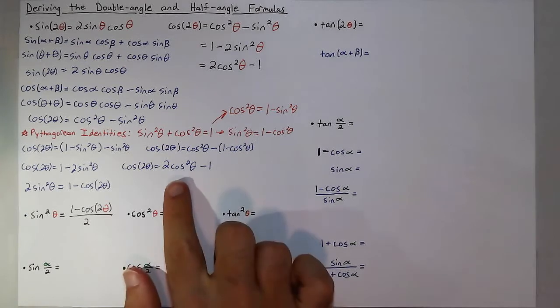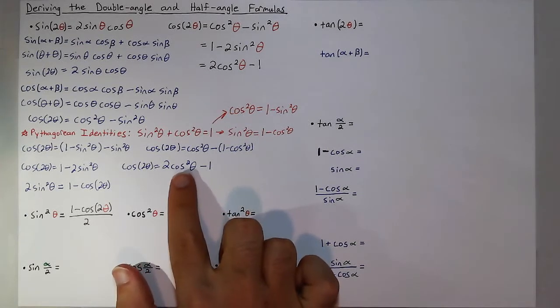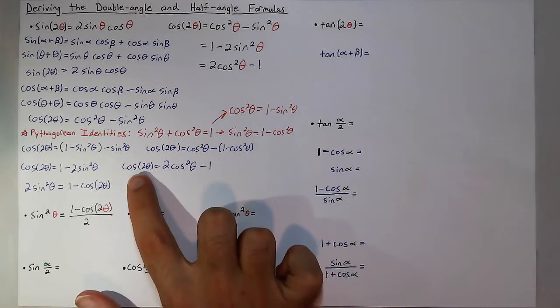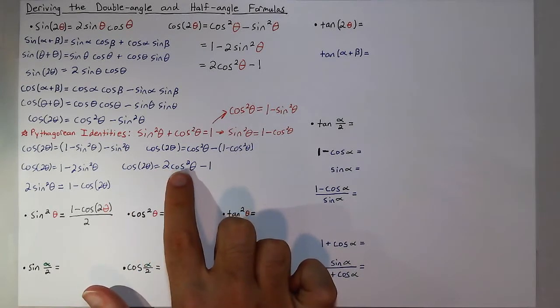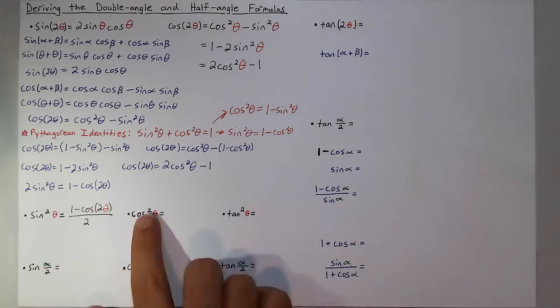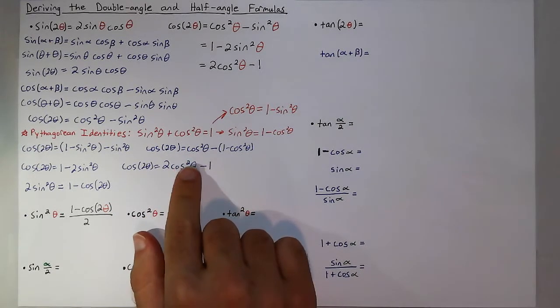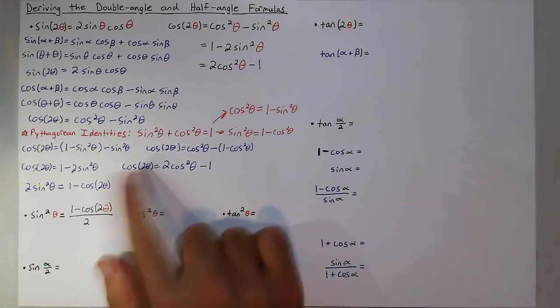Now, another thing I can do is, here I have cosine squared theta. If I were to solve this one for cosine squared of theta, I can get a formula to reduce the power for cosine squared down to the cosine to the first.